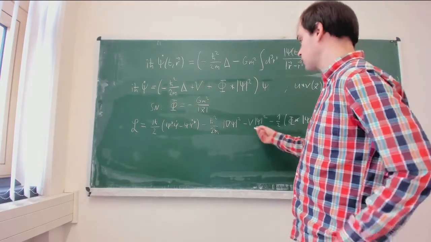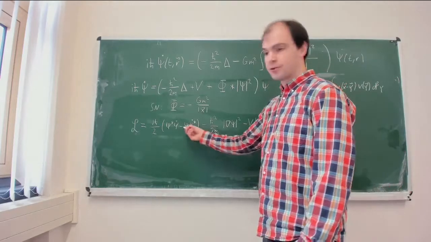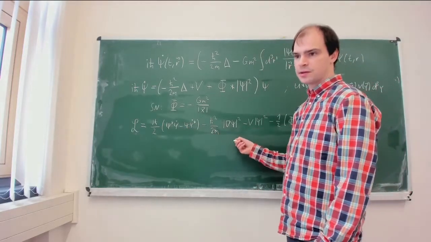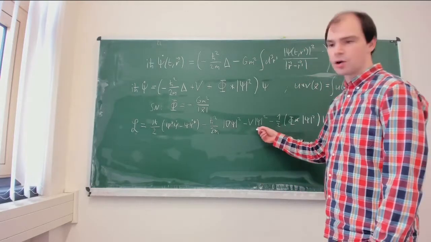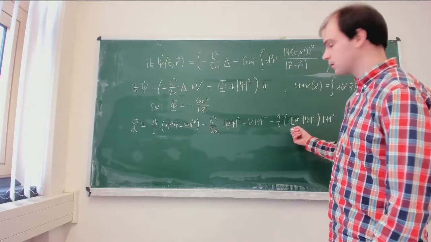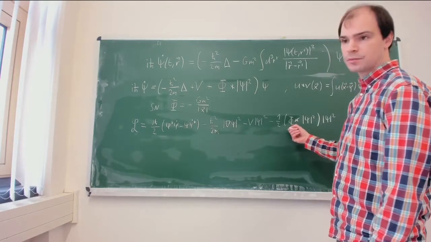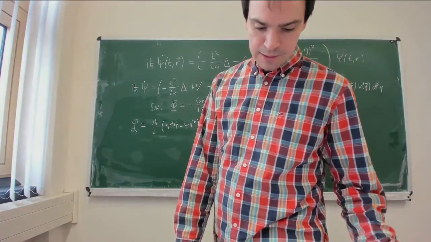So this is the Lagrange density from which this Hartree equation follows. The first two terms are just the Lagrange density for the usual Schrödinger equation, also with the potential here, and then the Lagrange term that gives us the nonlinear potential.